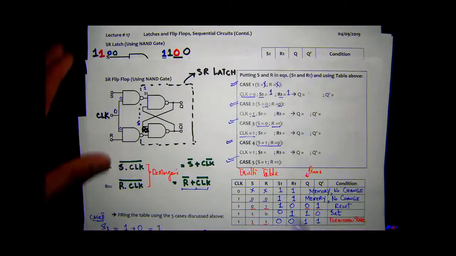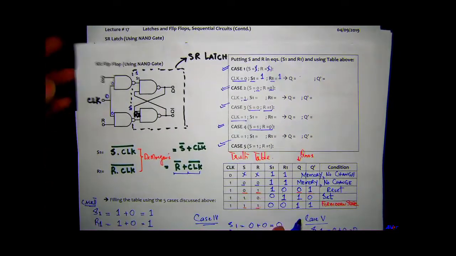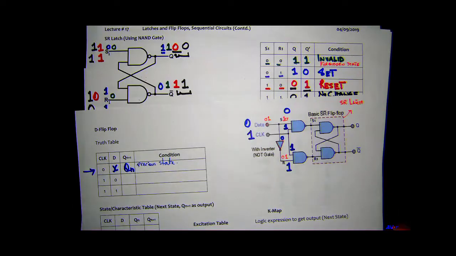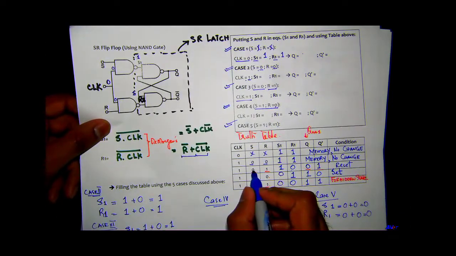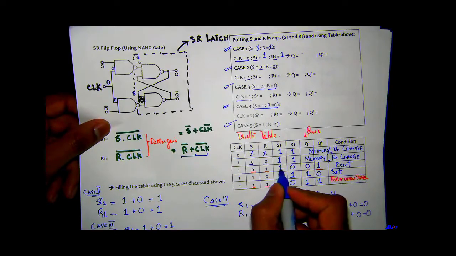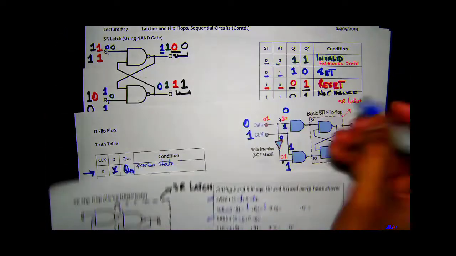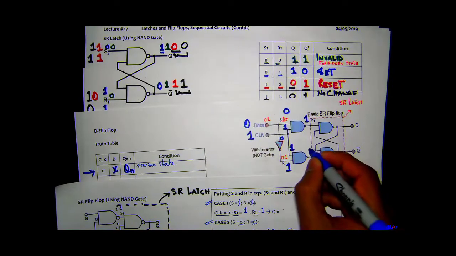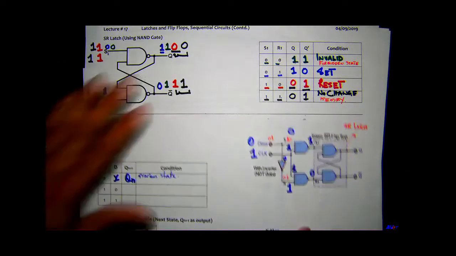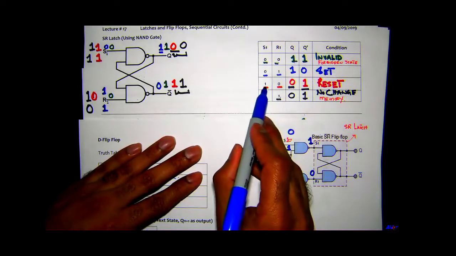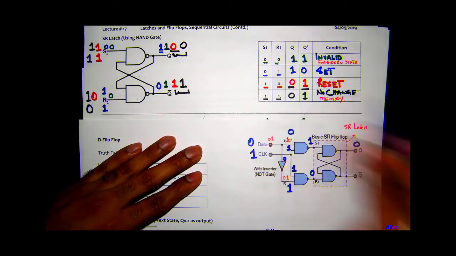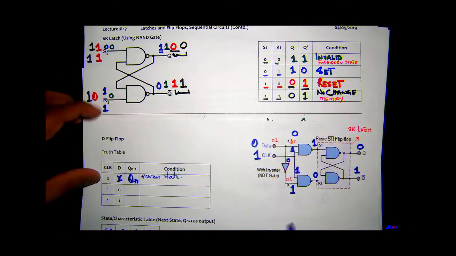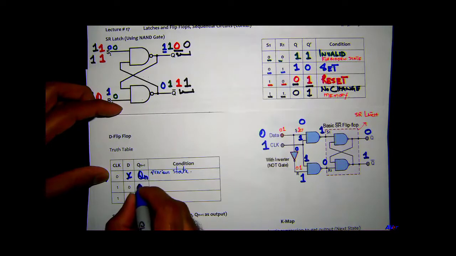So if you look at the truth table for the SR flip-flop, when S is 0 and R is 1, S1 is 1, R1 is 0, and when S1 is 1 and R1 is 0, Q is 0 and Q naught is 1. So the present state is actually going to be 0.